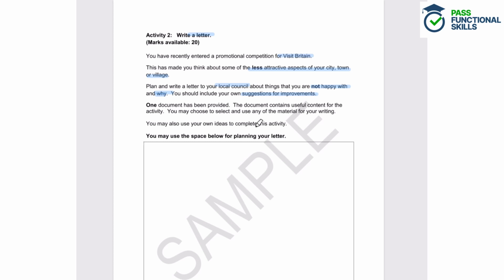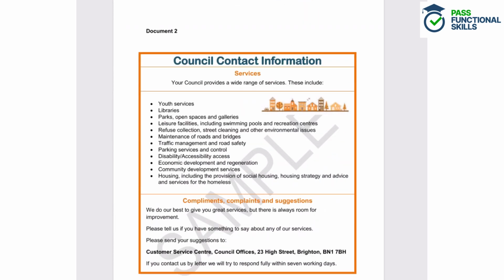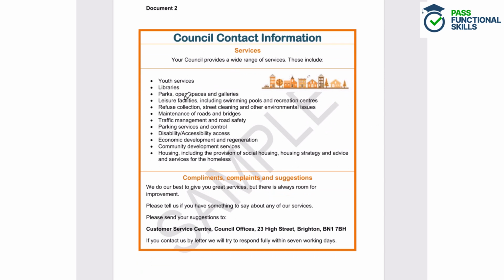And we can also use the document once again to give us some inspiration and help us to plan our answer. So let's take a look at that document now. We've got lots of details here that you can use. So it says council contact information. Services. Your council provides a wide range of services.